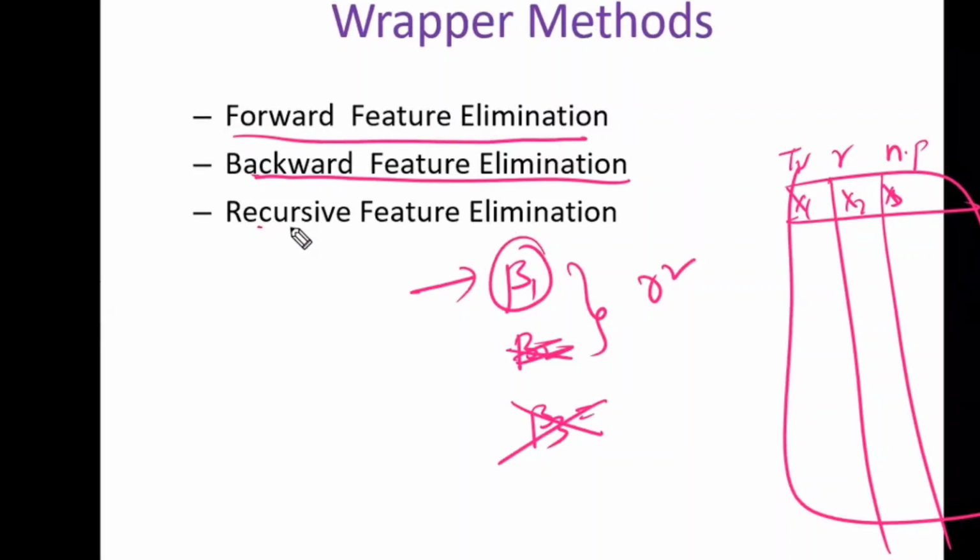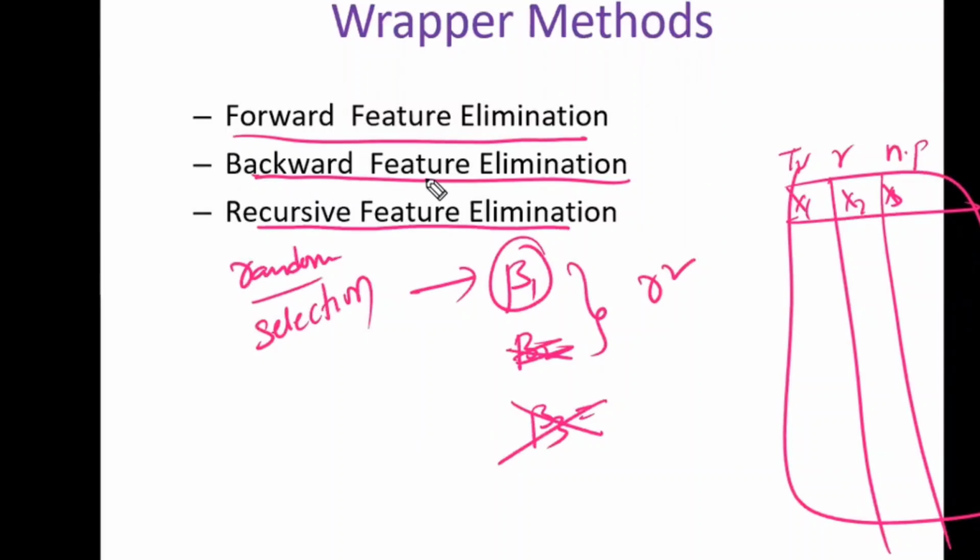Okay. And next we are having the recursive feature elimination. Recursive feature means randomly selecting the variables. For all of them, we are having the codes. Don't worry, shortcut is available. Code is available. If you apply the forward feature elimination, automatically it will not tell us which are the important features.